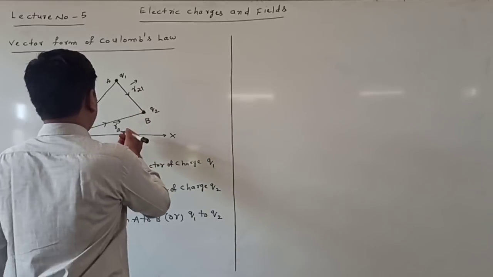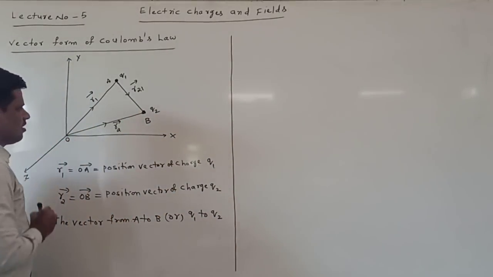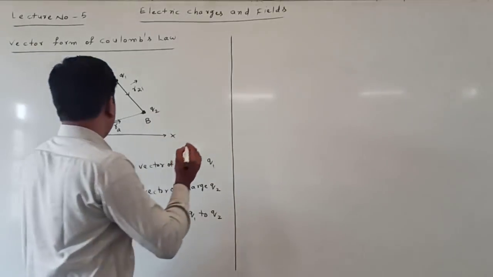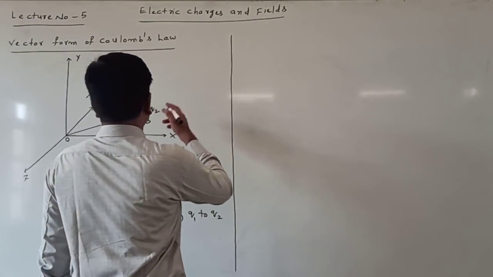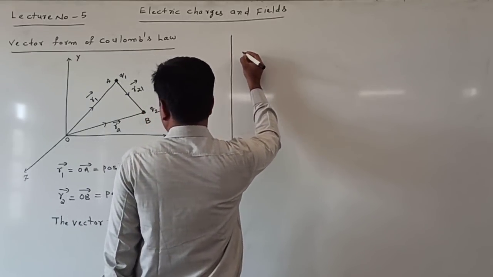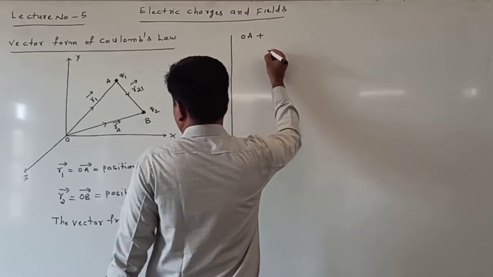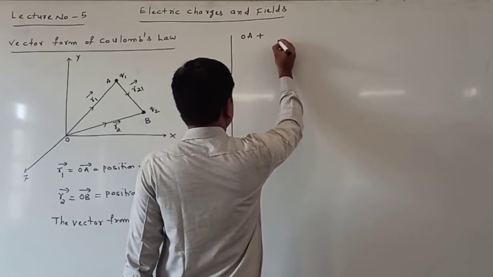We find it from the triangle law. Suppose I take the origin O. In the triangle OAB, from the triangle law of vectors we write OA plus AB is equal to OB.